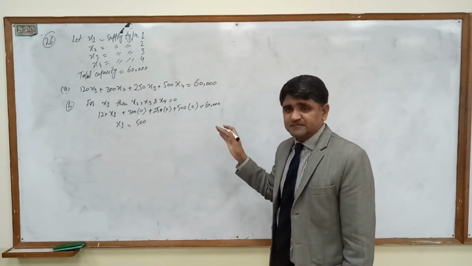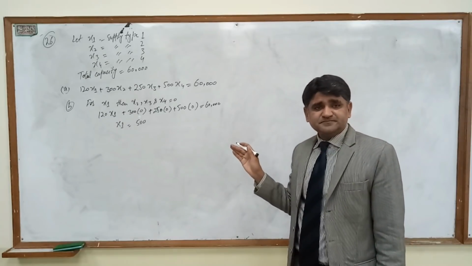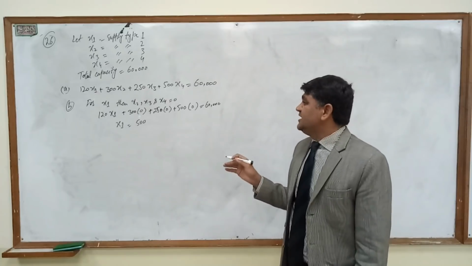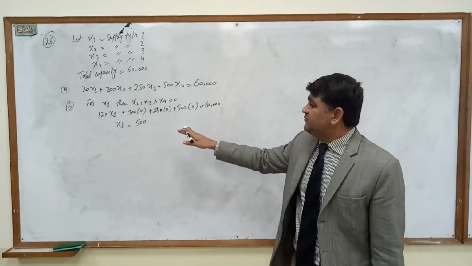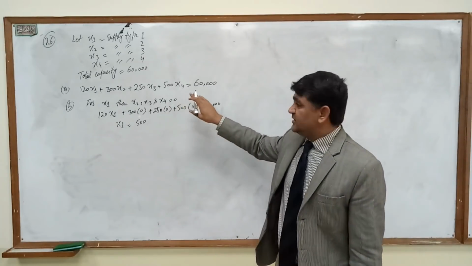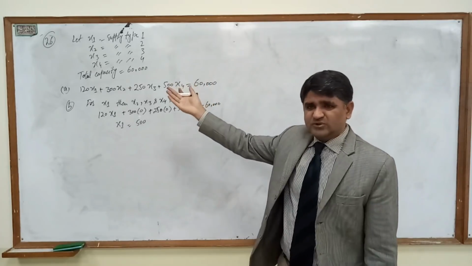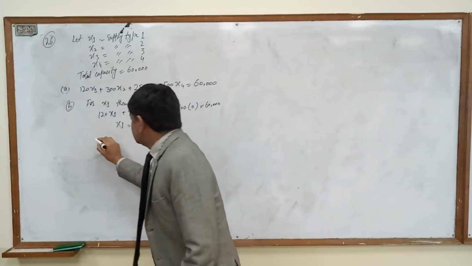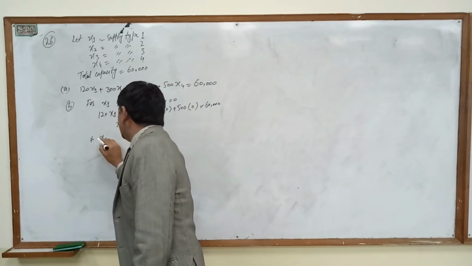How can we interpret this? If they devote the plane only to supply 1, then they can ship 500 containers of supply 1 to the earthquake's place.